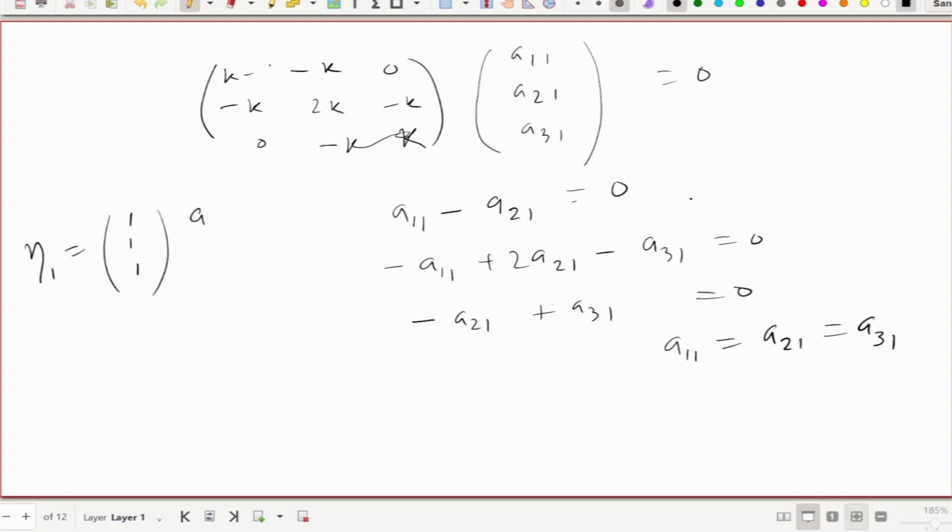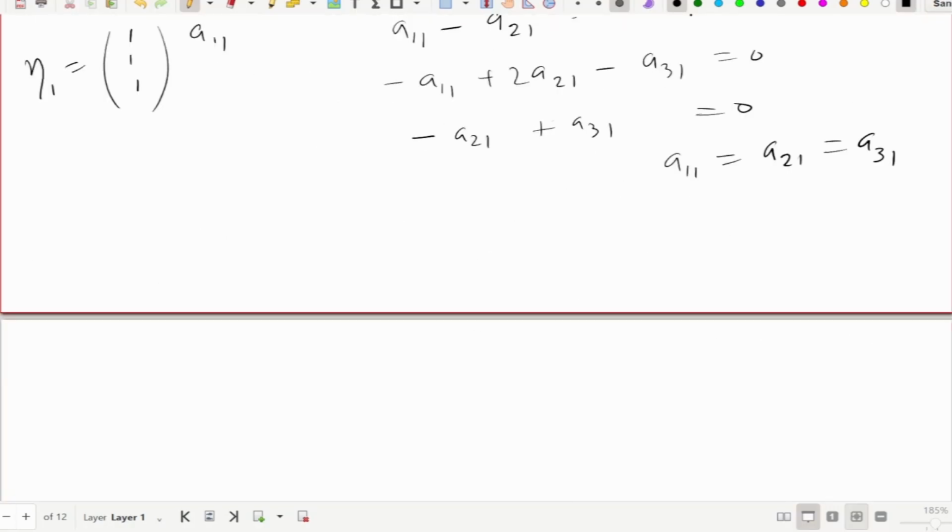So, we can find, let us say, our first eigenvector corresponding to 0 will be 1 1 1 multiplied by a 1 1, which we have to determine from the normalization condition. Okay. So, from the normalization condition, and how we will do this?